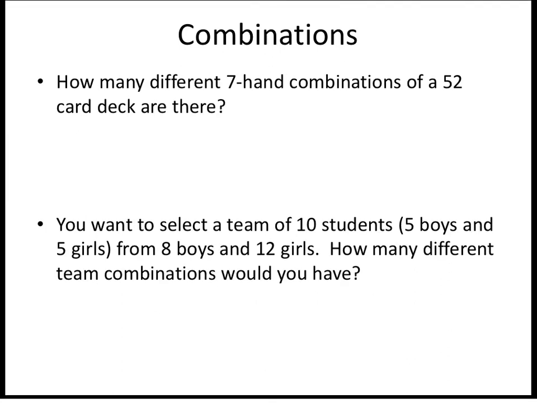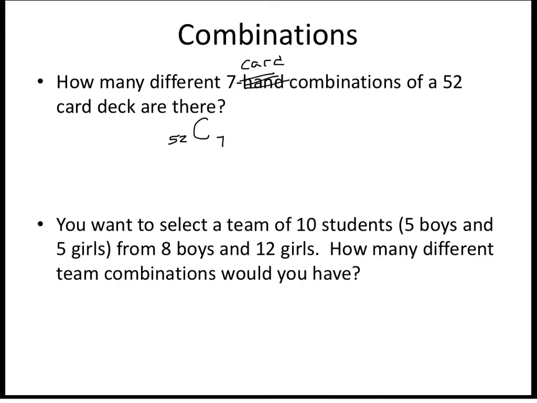But let's learn about what it's useful for. So say we want to figure out how many different 7-card combinations we could have in a hand from a 52 card deck, okay? So that is asking, I've got 52 things, combinations taken 7 at a time, right?